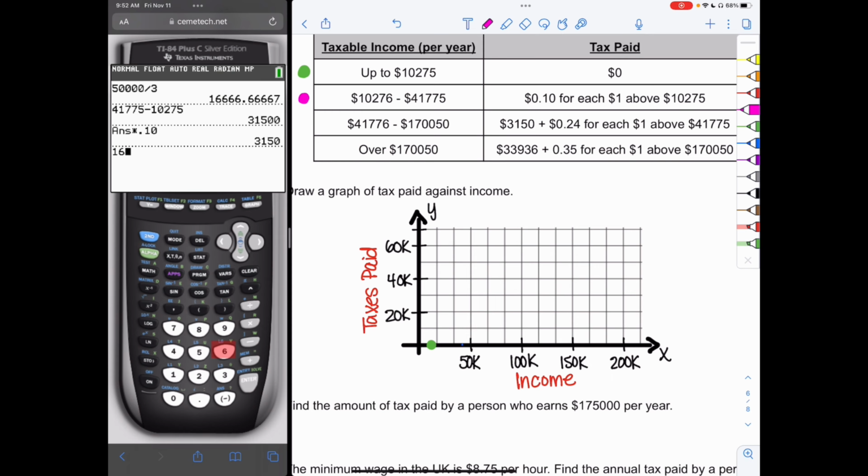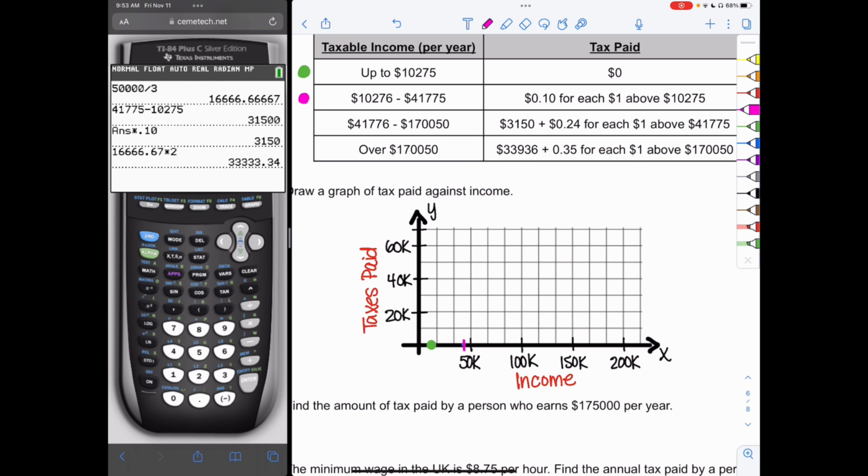Remember, if each indentation is $16,666.67, multiplying by 2 to get the second indentation puts me at $33,333.34. So I know I'm going to be somewhere in here when it comes to the salary, where the pink line is on the axis.